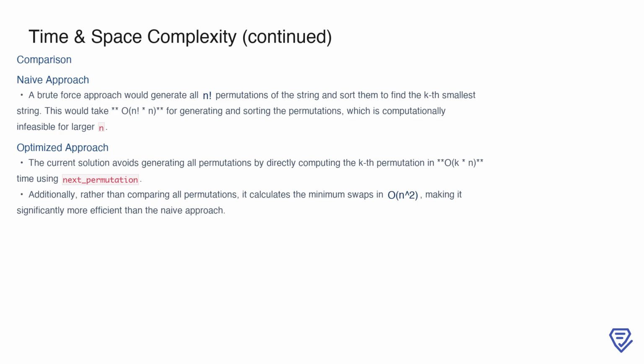In contrast, the optimized approach directly computes the kth permutation in O(k * n) time using the next_permutation function. Additionally, instead of comparing all permutations, it calculates the minimum swaps in O(n^2) time, making it far more efficient than the brute force method. This optimization allows the algorithm to handle significantly larger inputs while maintaining reasonable performance.